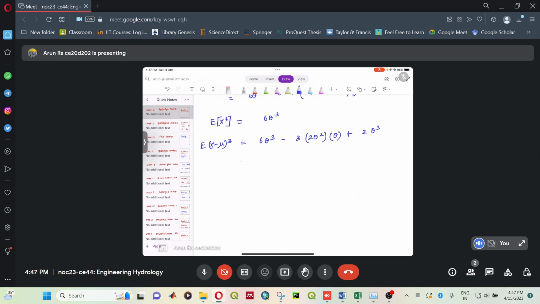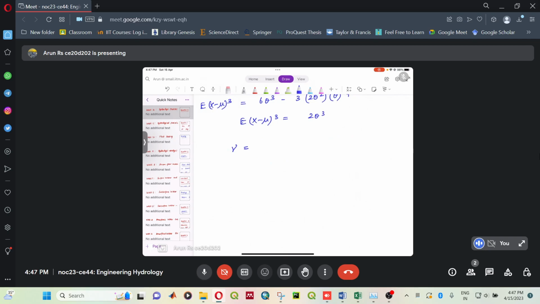Now if we simplify this, we will get E of x minus mu the whole cube is equal to 2 theta cube.